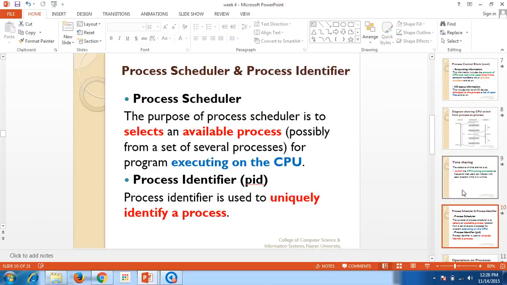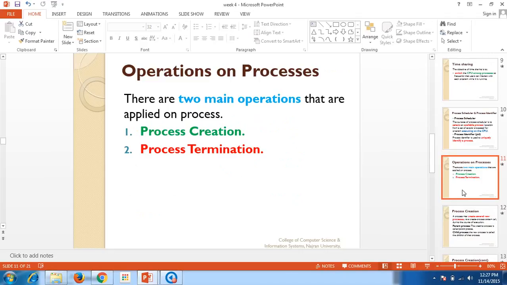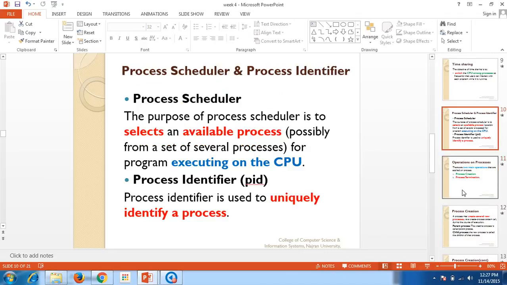We will see in the lab how we can see the process identifier and how we can create a process. There are some concepts related to the lab, so we will discuss them in more detail during the lab session. So we will stop our discussion for session 1 of lecture number 4.